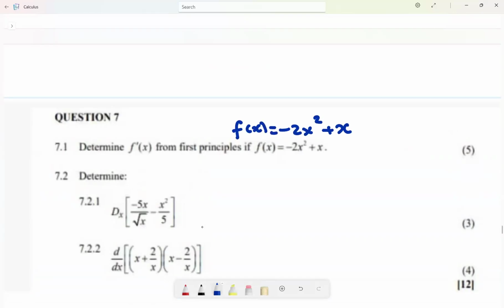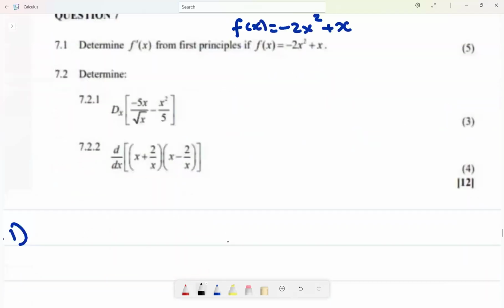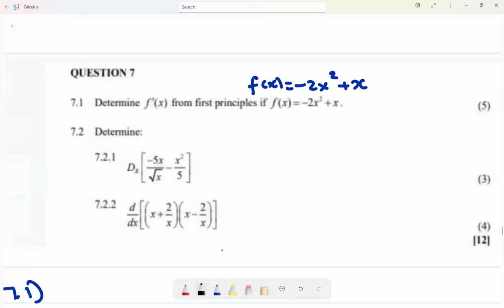Now remember when you can apply rules and say, okay, this is 2 multiplied by negative 2, f prime x is equal to what? Negative 4x plus 1. But now they say to you using what? First principle. If they say using first principle, can you see it is what? 5 marks. So you need to go into that first principle formula. But remember your expected answer.